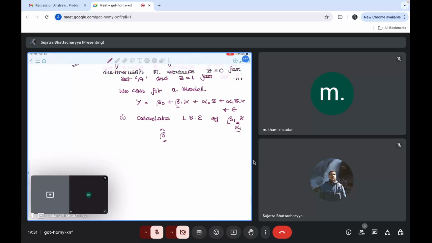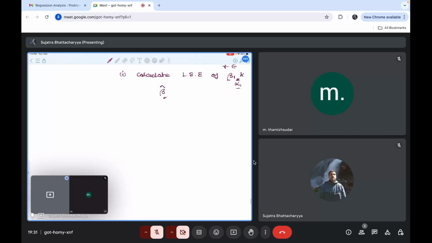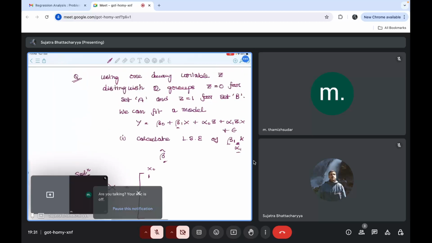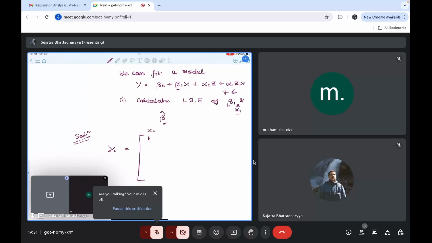That's all. So the solution is that here you have to use the X matrix in a different way. How will you use it? The first column is the X naught dummy variable, which is excluded here. They have said one dummy variable.